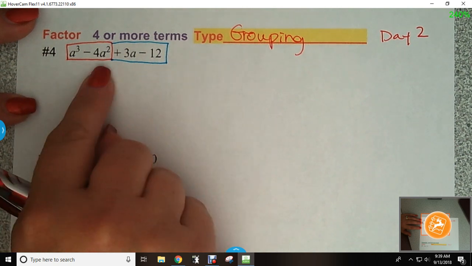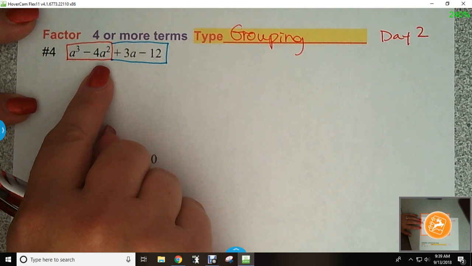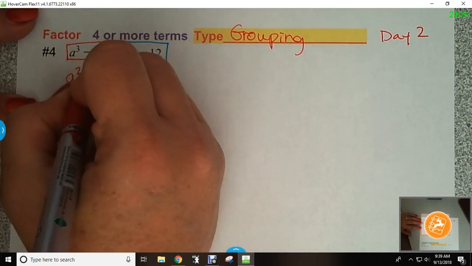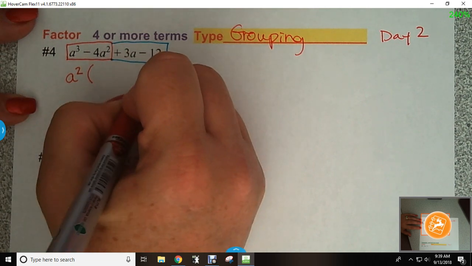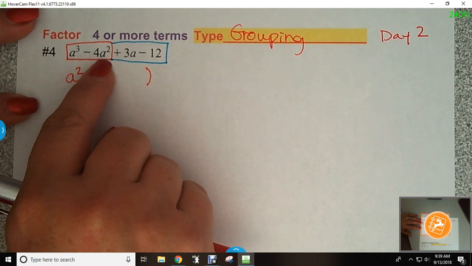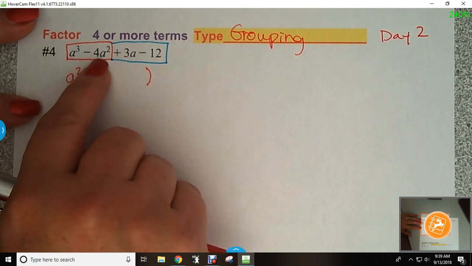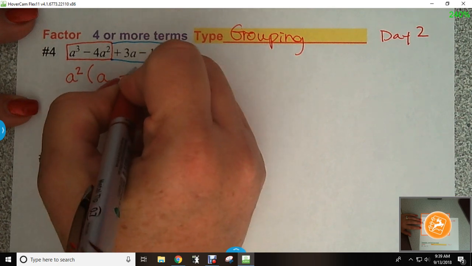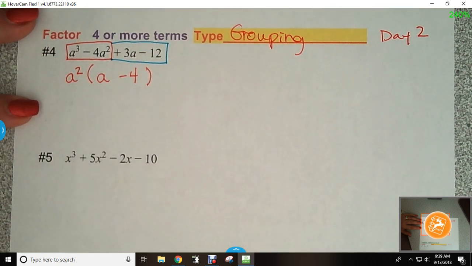For that pair of terms, you have a greatest common factor of a squared. So now, if I take an a squared from both of those terms, divide both of those terms by a squared, I'm going to get a minus 4. The red box is done.